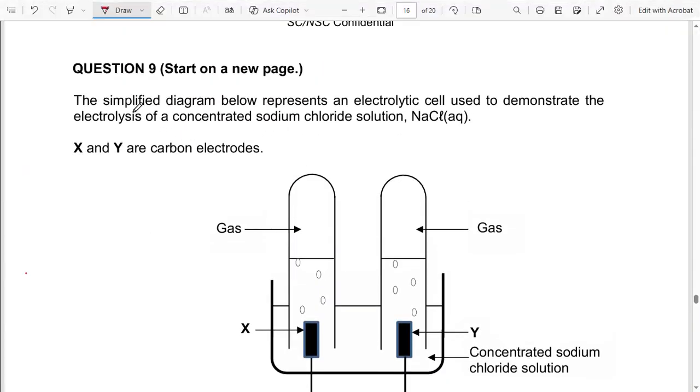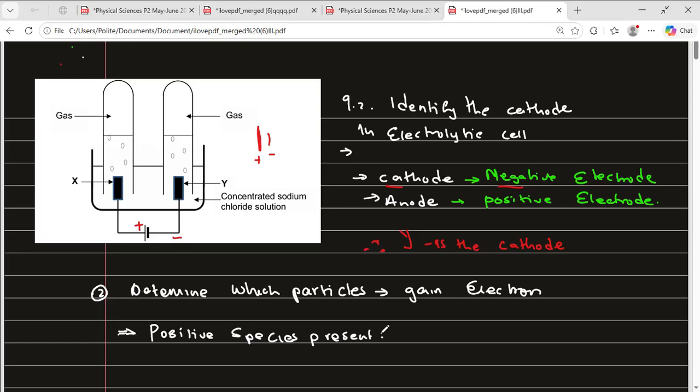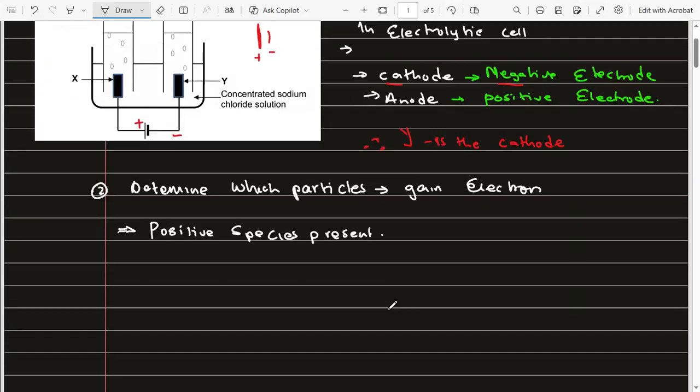It said the simplified diagram represents an electrolytic cell used to demonstrate the electrolysis of concentrated sodium chloride. So the positive species present is sodium, which has a positive charge, and also water is present, right?